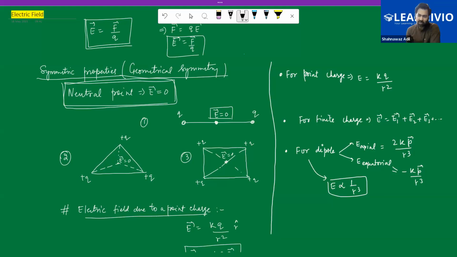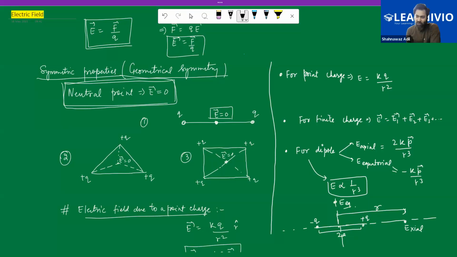And what is the axial point? What is the equatorial point? If we have this dipole, let's say the separation between the charges is 2a. This line is called the axial line, so this is E axial, and let's say this is the distance r. And the equatorial point is this one, perpendicular. So this point is E equatorial.